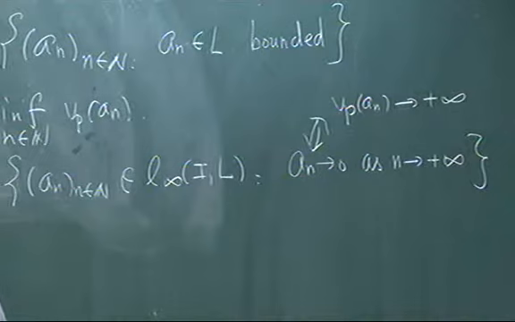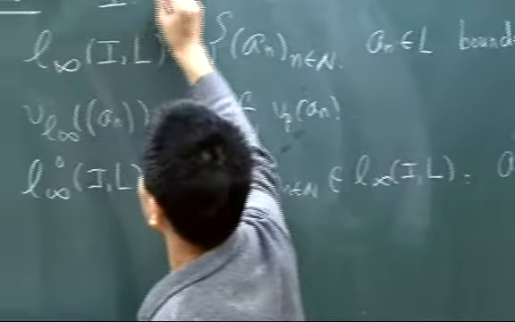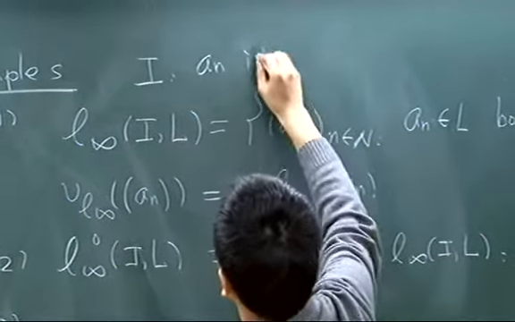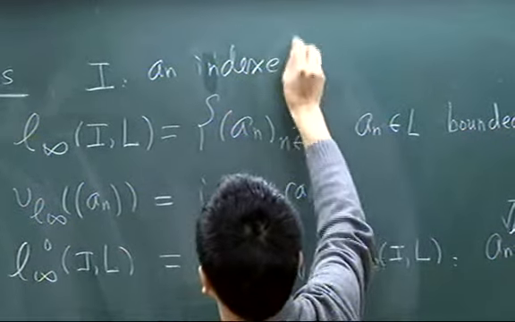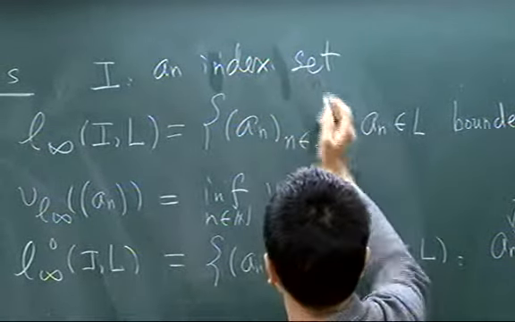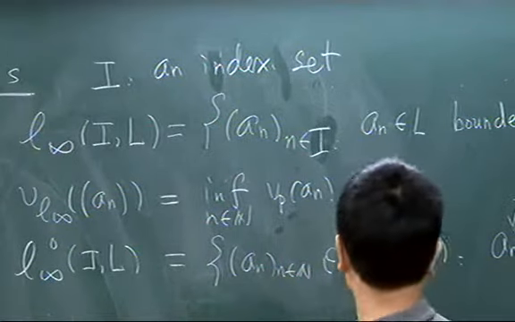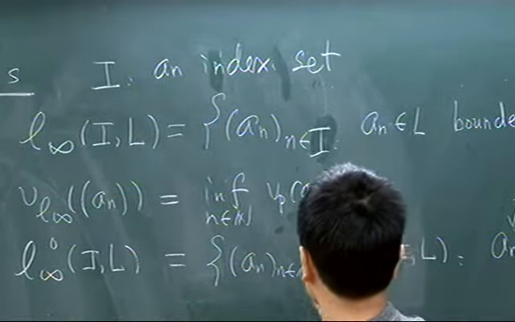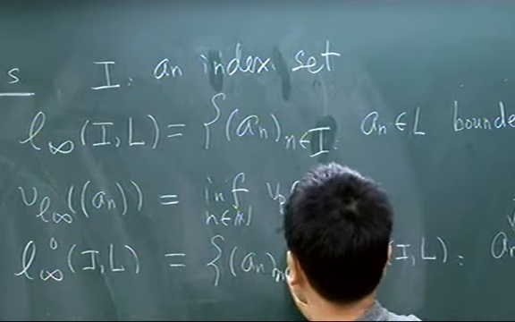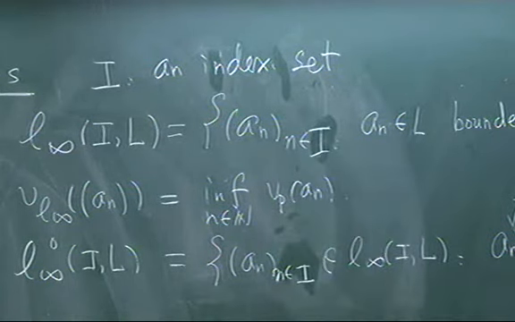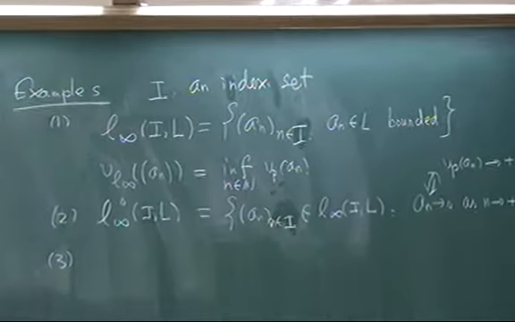Okay. So the third one we can work with: I is just an index set. And then you will have trouble. What does n goes to infinity mean? You need to be a little bit careful about this if you just have an index set. So you can use calculus.